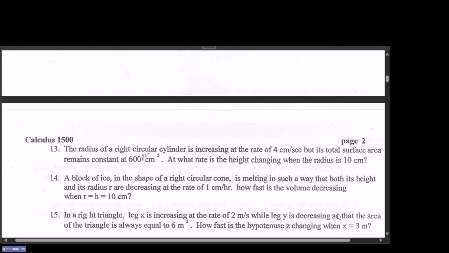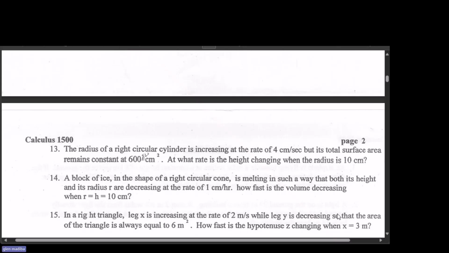Okay, I agree with what you are saying. The whole idea is to remember the formula for the area of a triangle.